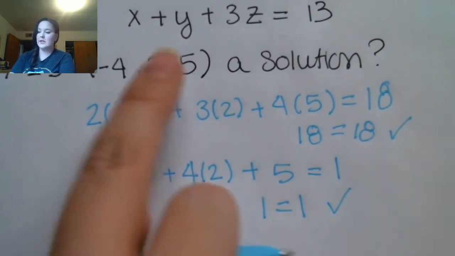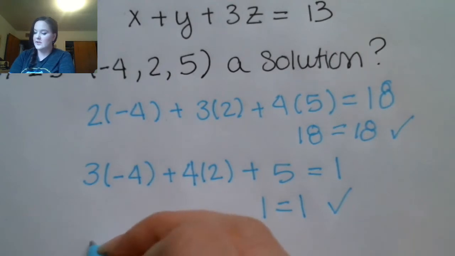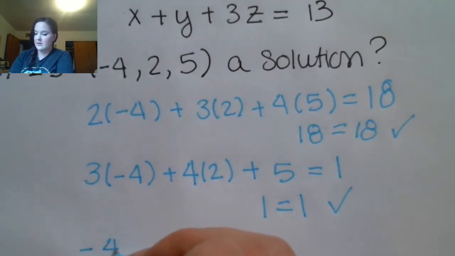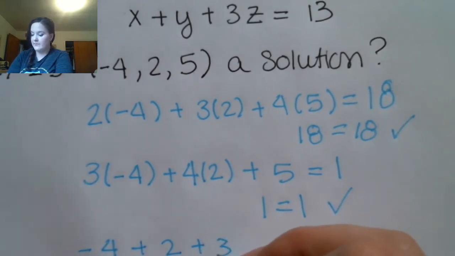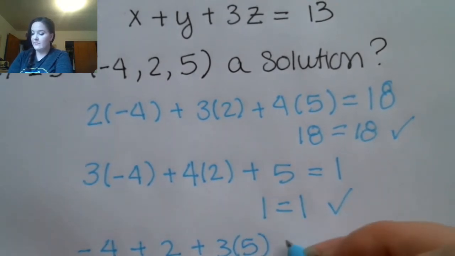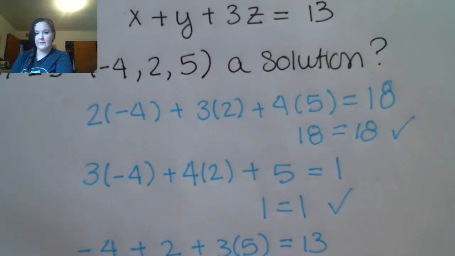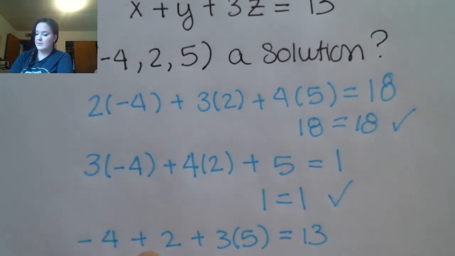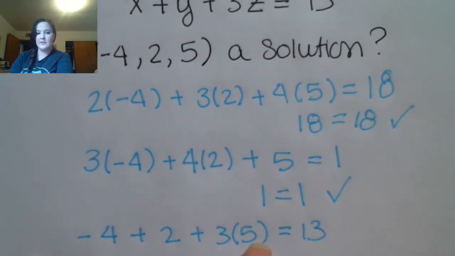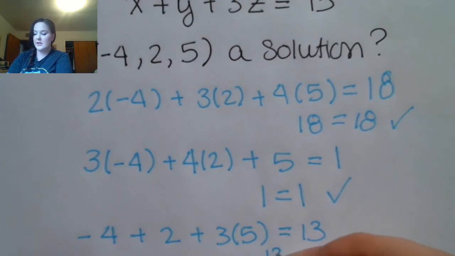And then we'll plug it into the very last equation, the one that you can see here. So -4 plus 2 is -2, plus 15 is 13.